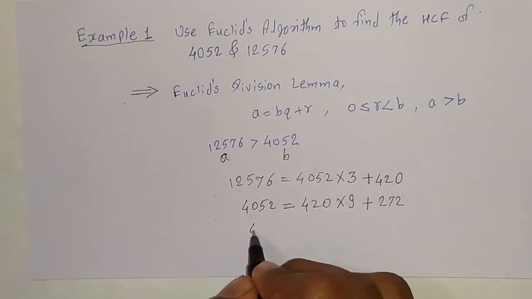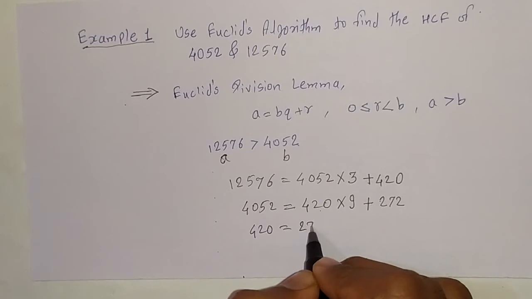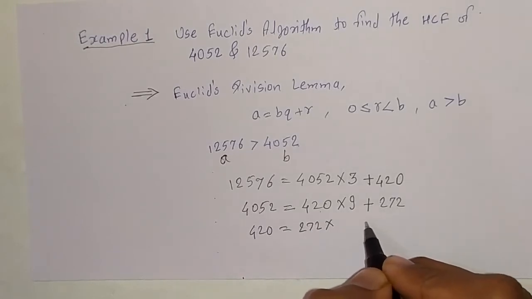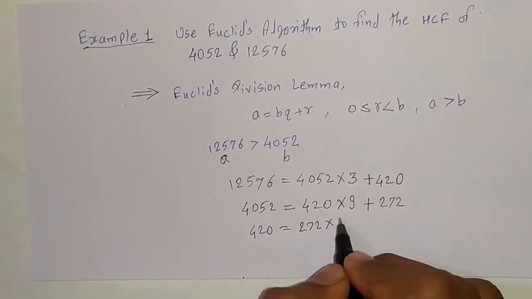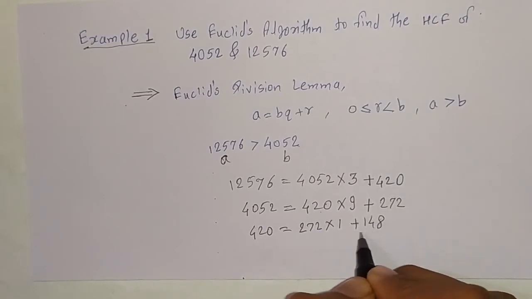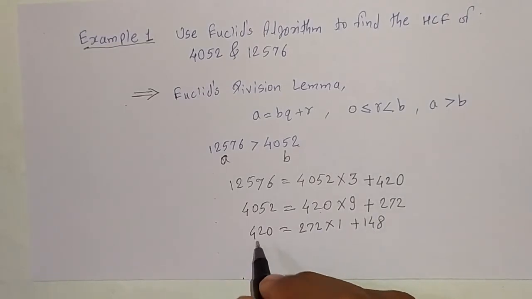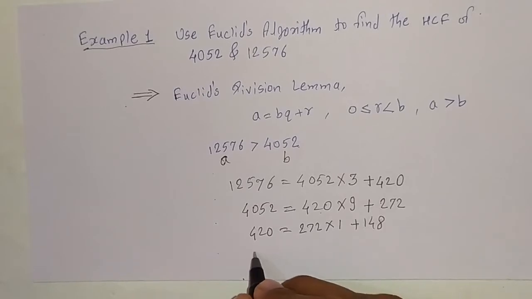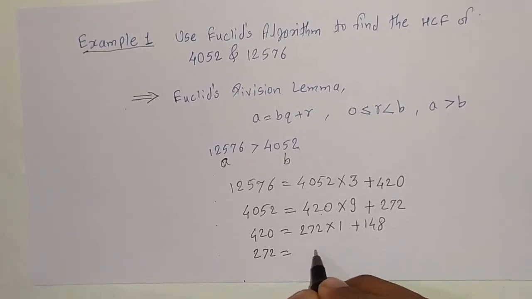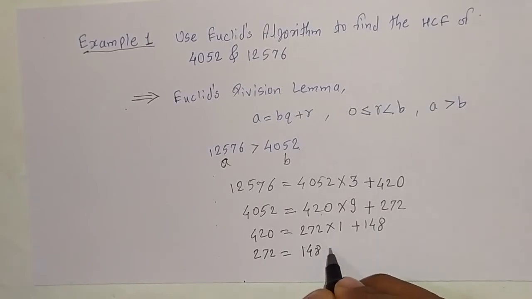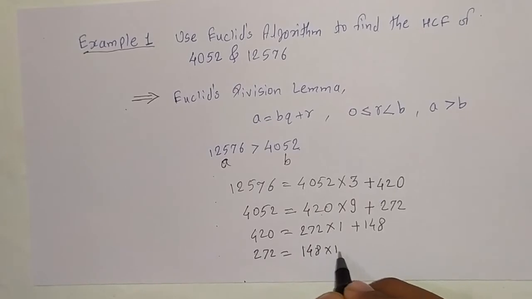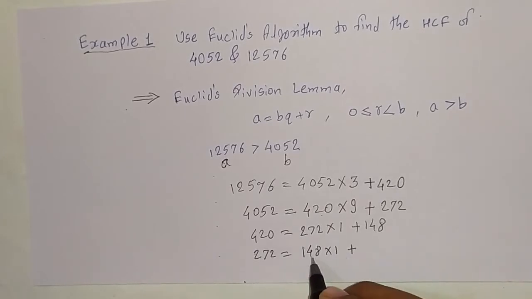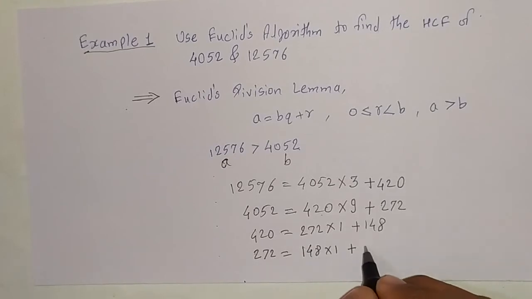The divisor will be the dividend. 420 equal to 272 into 1 plus 148 will be the remainder. Next step, the divisor will be the dividend. 272 equal to 148 into 1 plus remainder. What will be the remainder? 272 minus 148. You will get the answer as 124.